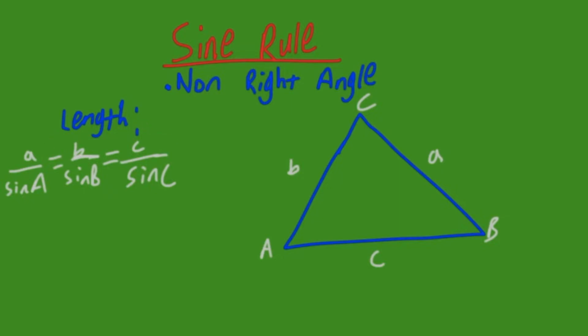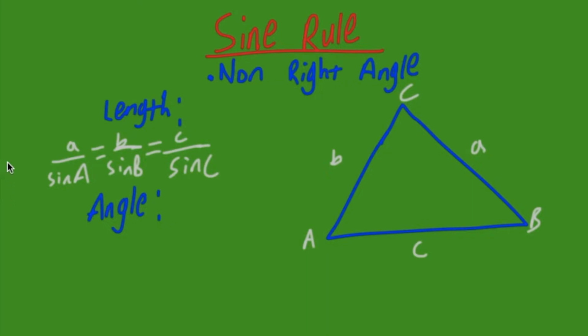However, if we're finding the angle, it's that same formula, except we find the reciprocal, so we just switch everything. Whatever was on the top, now put it on the bottom. So that becomes sine A over a equals, and so on.